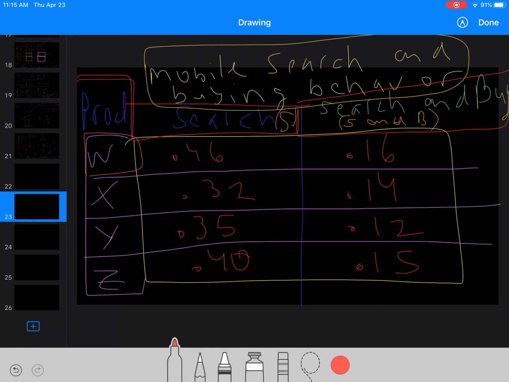This is search and buy, so it's going to be this one, 0.16, which is 16%, over the S, which is 46% or 0.46.